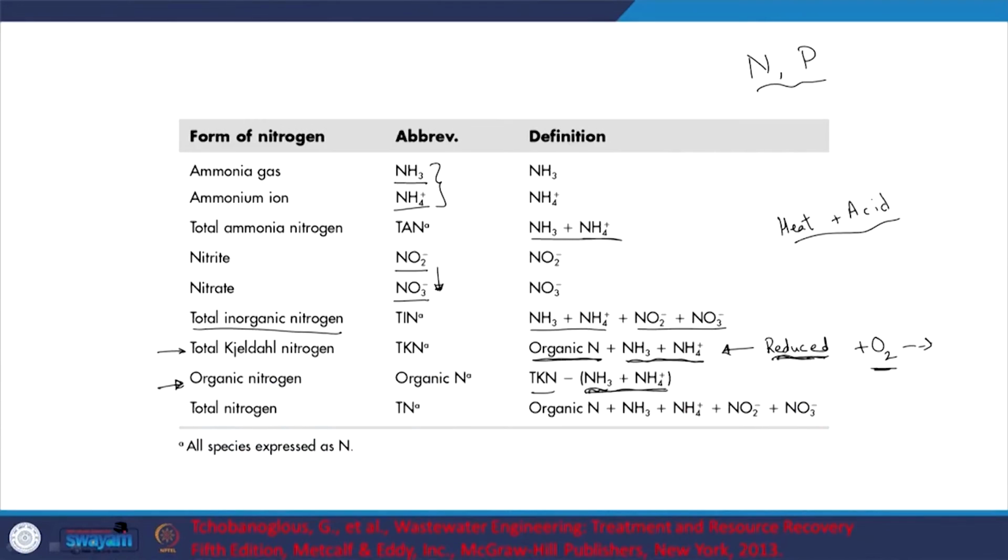Then I am just left with the organic nitrogen, which I digest in acidic conditions, and then measure the nitrogen content, and that will give me organic nitrogen. But in TKN, I am not going to boil it, so NH3 and NH4 plus do not leave the system. That is the primary difference.